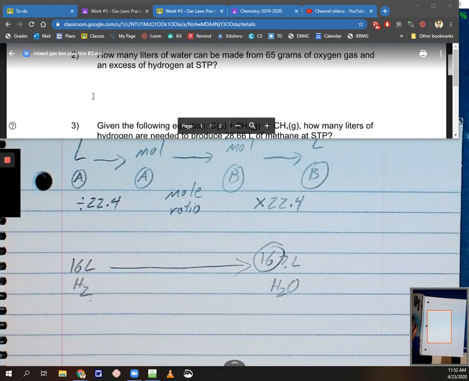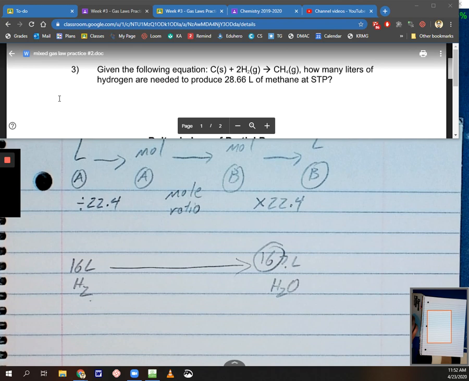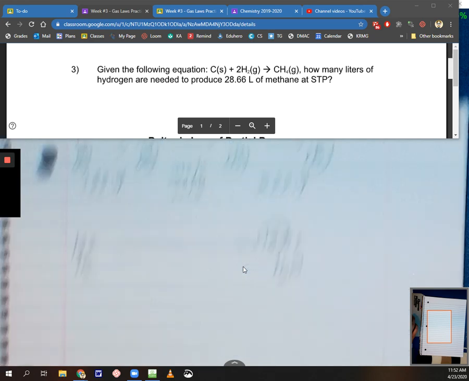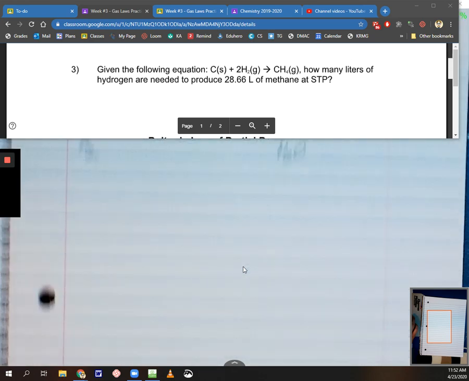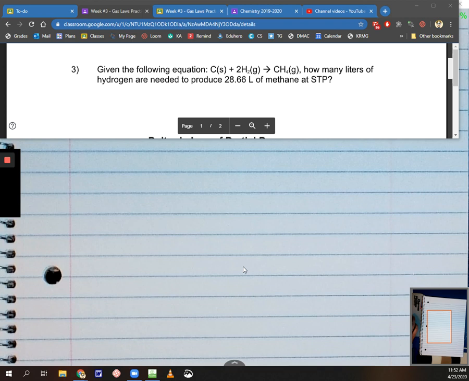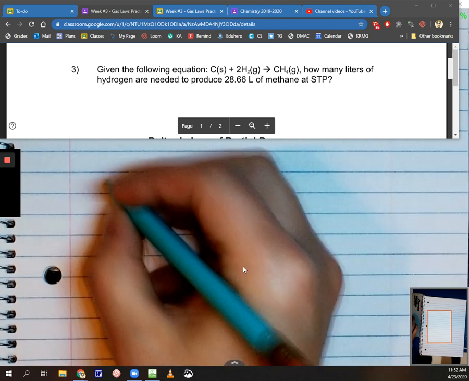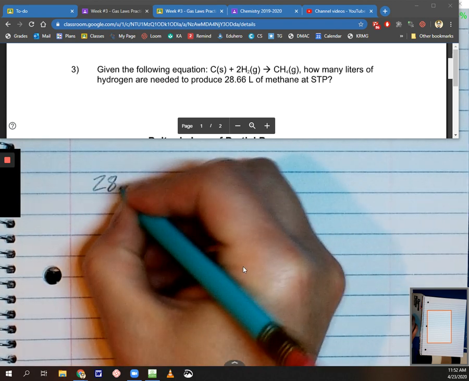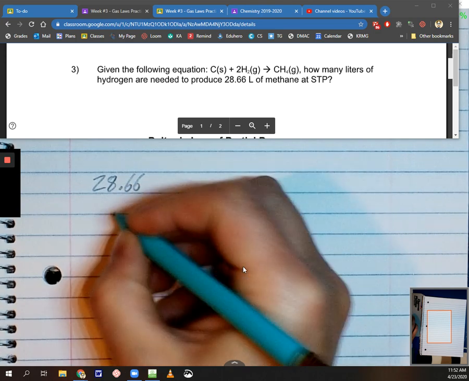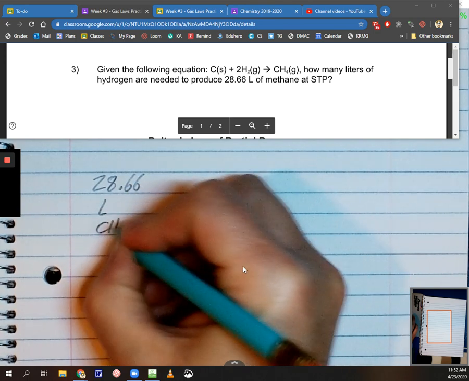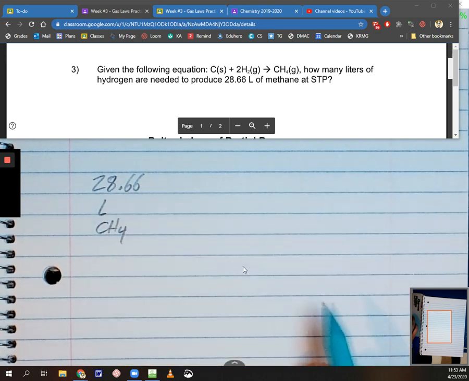Now let's look at number 3. Given the following equation, how many liters of hydrogen are needed to produce 28.66 liters of methane? Okay, so we're starting out with 28.66 liters of methane. We are trying to find liters of hydrogen.